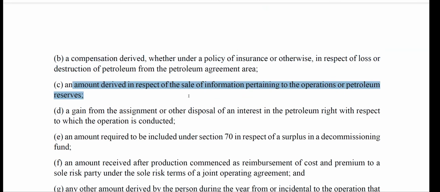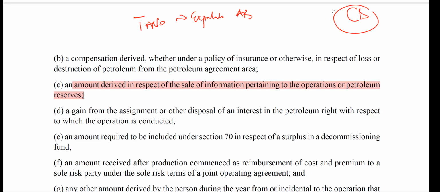An amount derived in respect of sale of information pertaining to petroleum operations or reserves. So let's say I was at the Tunnel Cape Three Points, and I went to do exploration there, AB Petroleum. And then another company called CD Petroleum comes and says, chairman, I've also got a license for Tunnel West Cape Three Points. Can you kindly sell me the data that you have already gathered from the exploration?